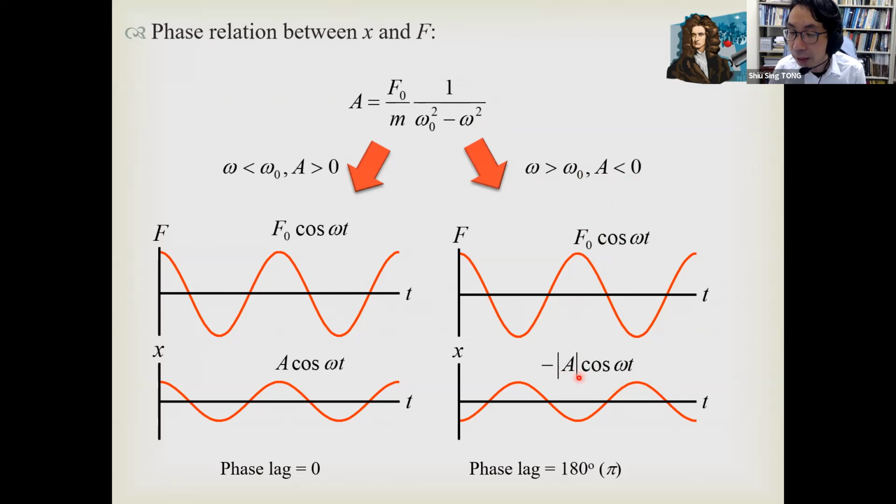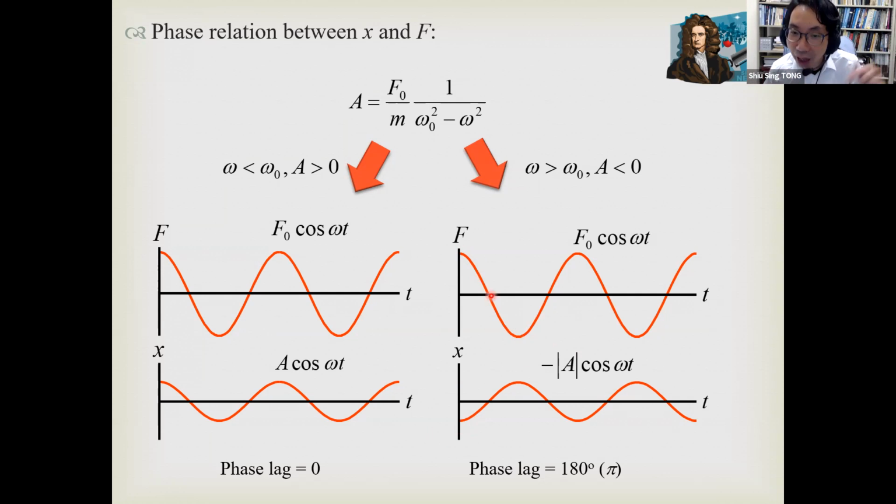For clarity, to emphasize that A is negative, I write the coefficient, the amplitude A, as minus the absolute value of A. I want to make the negative sign stand out. So you can see F naught and A are of different sign. F naught is positive, but A is negative, which means that when F is maximum, the displacement is minimum. They are always in anti-phase.